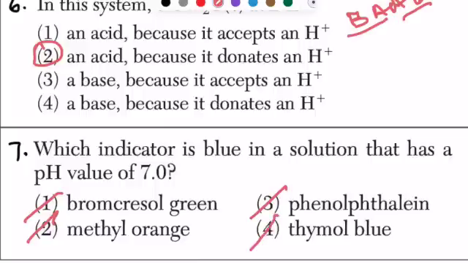This is not a good question. It should not have said blue. Oops, apologies. I read Bromocresol Green wrong. The pH range for Bromocresol Green is 3.8 to 5.4. So when the pH is 7, it is going to be blue. So that's your answer.